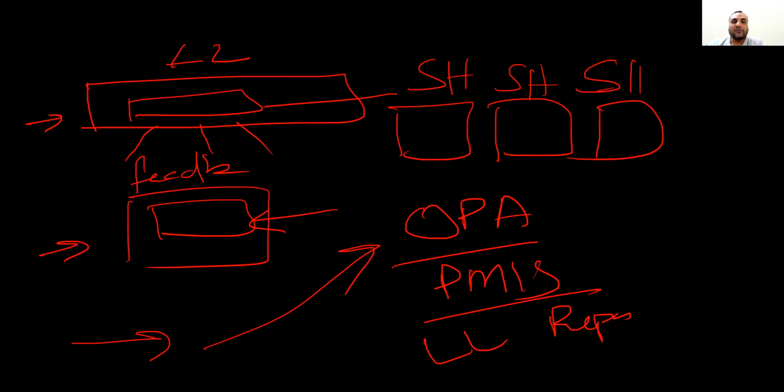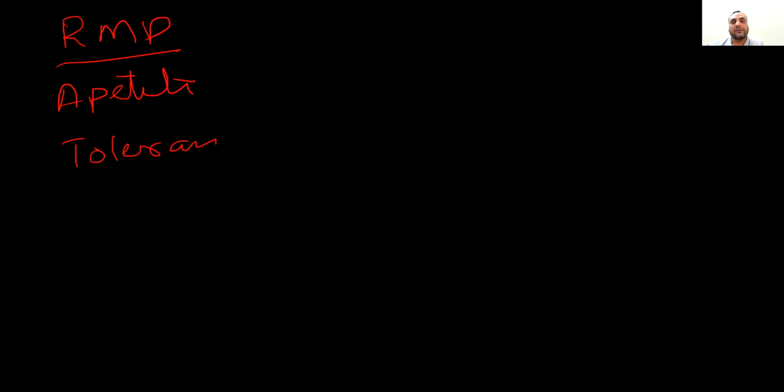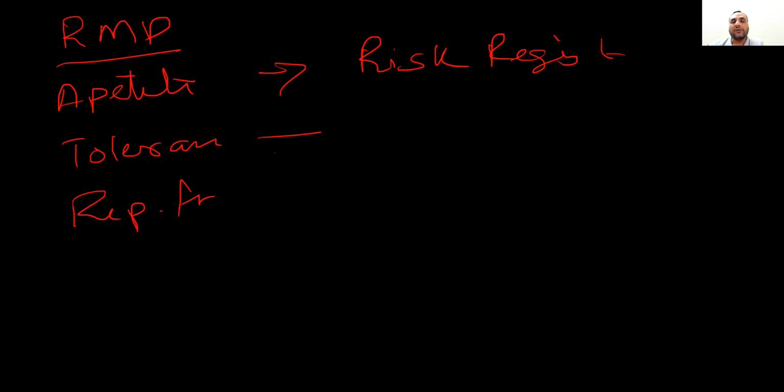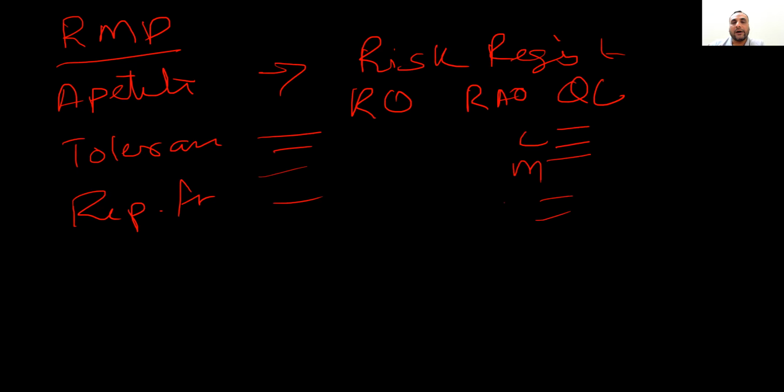The most important part of risk was the risk management plan, where we define the appetite of the stakeholders, then the tolerance level of the stakeholders, and the reporting formats to report the risk. Based upon that, we prepare a document called the risk register, which contains the name of the risk, who will be the risk owner, who will be the risk action owner, and qualitative risk analysis to classify them as low, medium, and high.